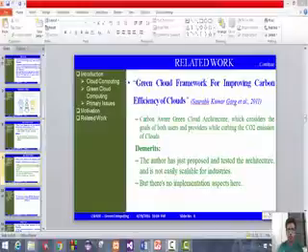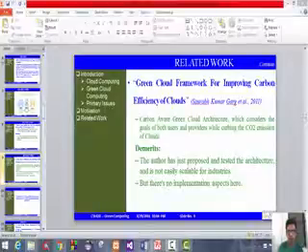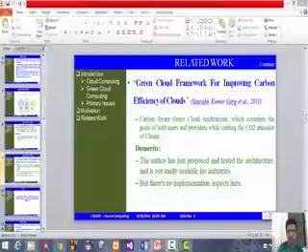The other paper is A Green Cloud Framework for Improving Carbon Efficiency of Clouds. The energy efficiency of ICT has become a major issue with the growing demand of cloud computing. More and more companies are investing in building large data centers to host cloud services. These data centers not only consume a huge amount of energy but are also very complex in infrastructure.